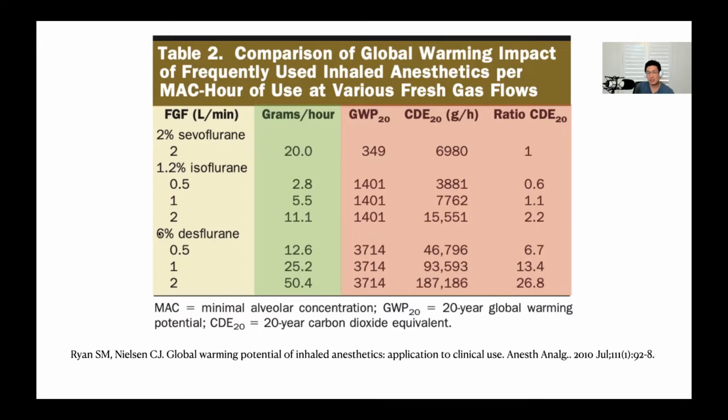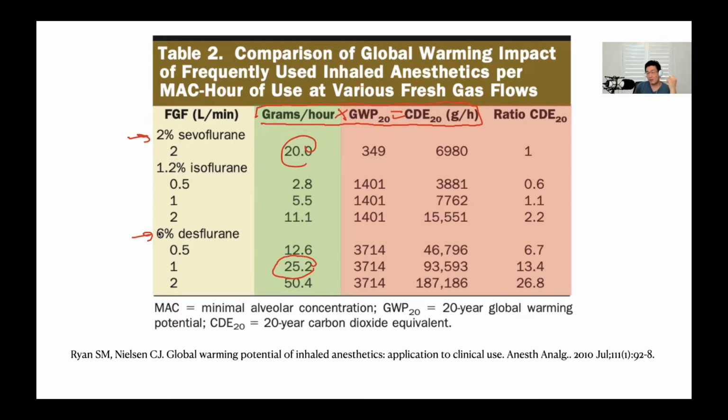And the other one is 6% of desflurane at 1 liter per minute produces 25 grams per hour. Then to calculate your carbon dioxide equivalents, you take grams per hour multiplied by your global warming potential, which equals your carbon dioxide equivalent. So this is the formula here.